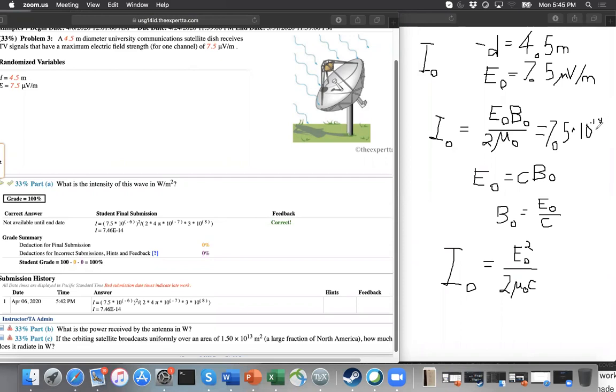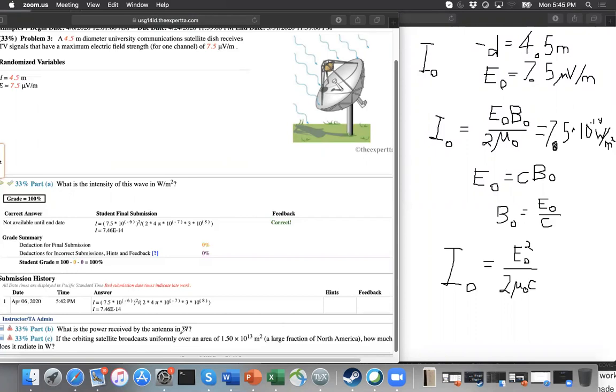We're going to get a little close to space, but that's okay. Watts per meter squared. So again, this is how much power is delivered per square meter.